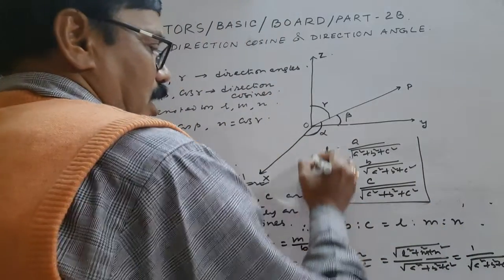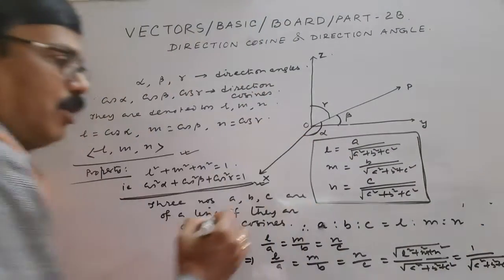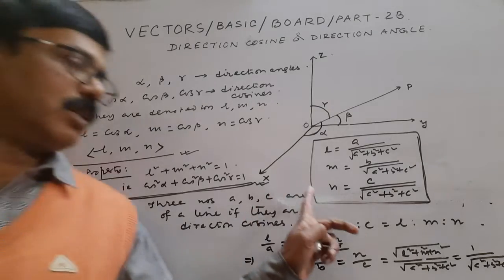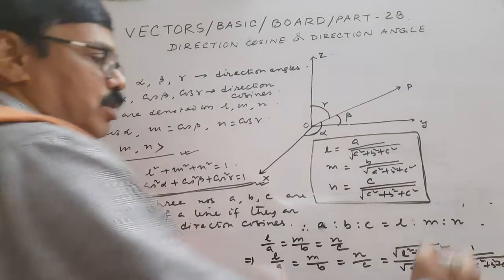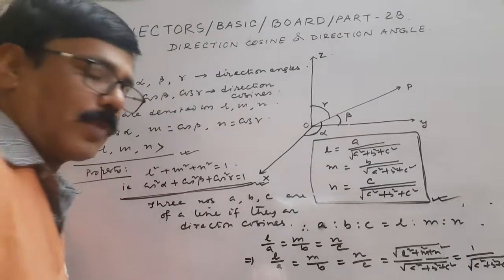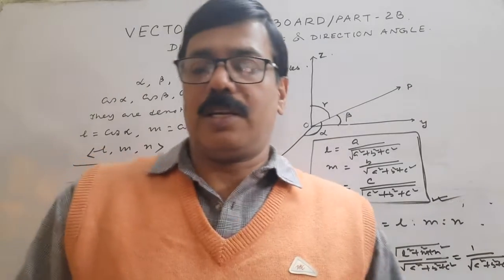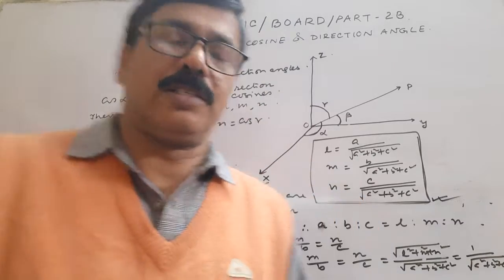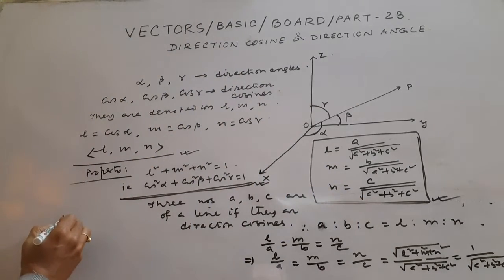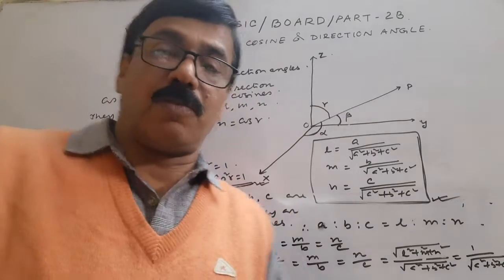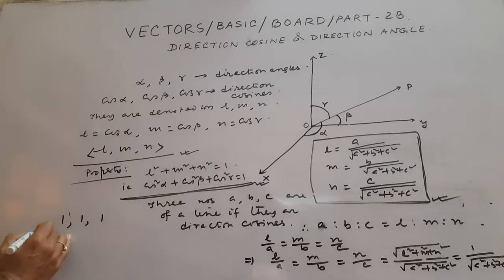So this is the relation between direction cosines and direction ratios. You have to remember it. Any numbers may be direction ratios. Suppose 1, 1, 1. It may be direction ratios, but it is not direction cosines.